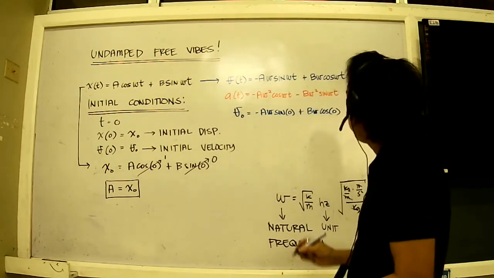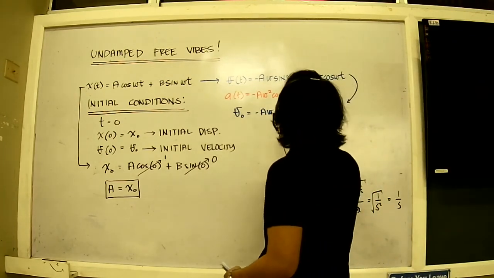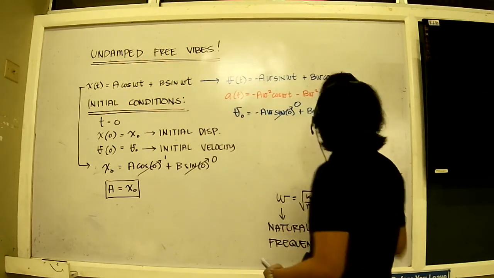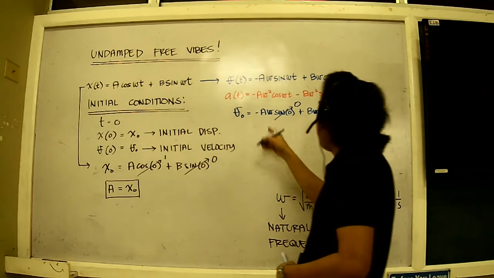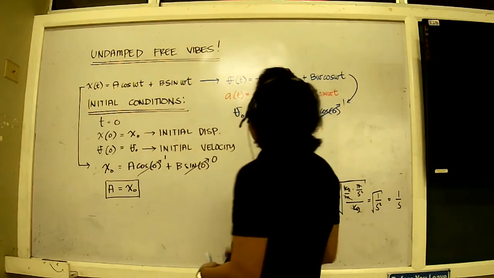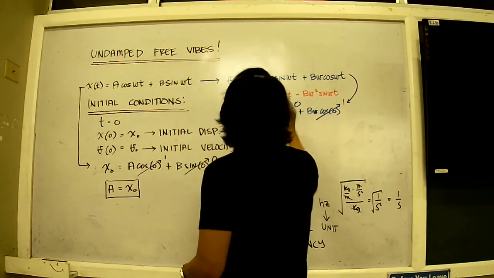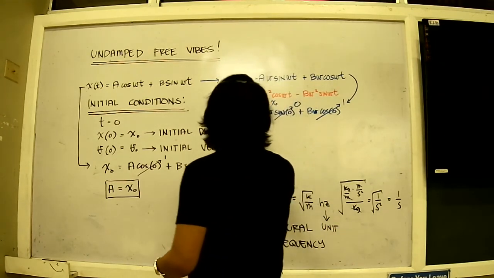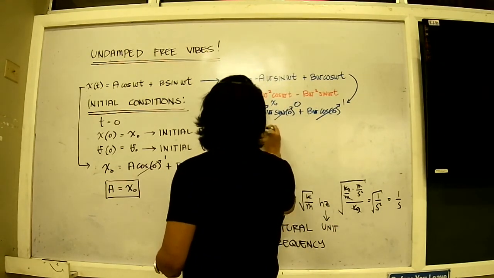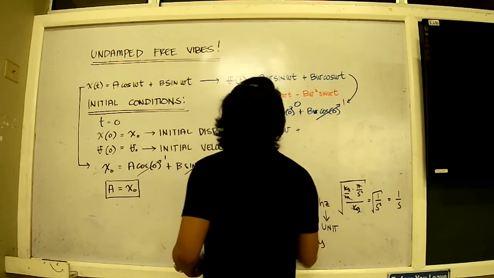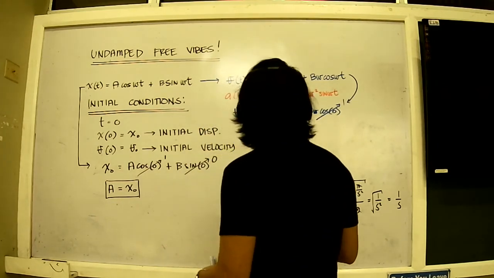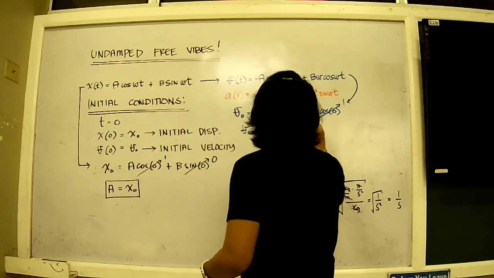Sine 0 is equal to 0 and cosine 0 is equal to 1. So we have v sub O is equal to B w.